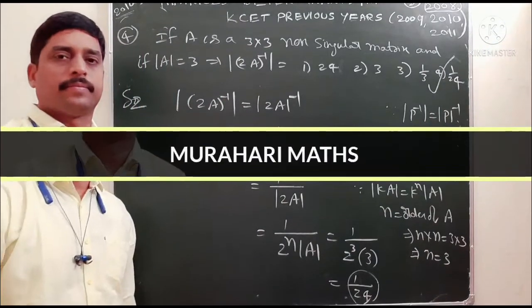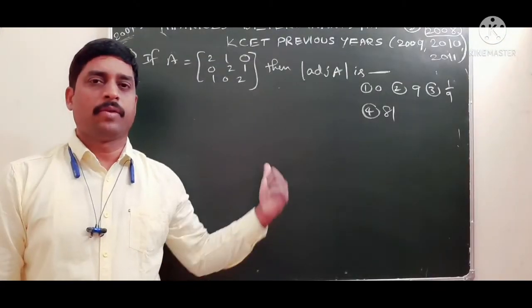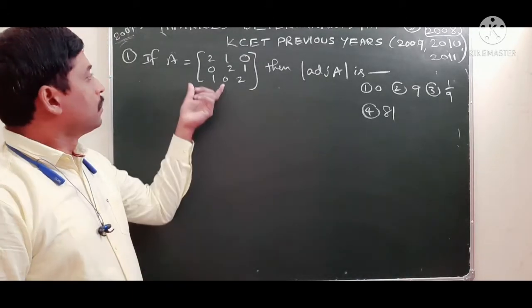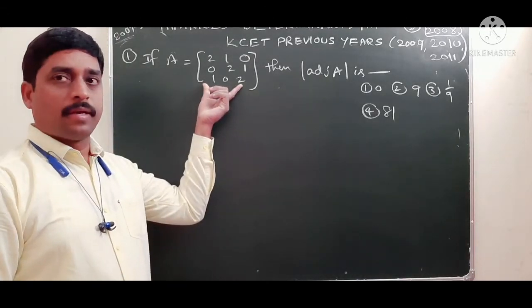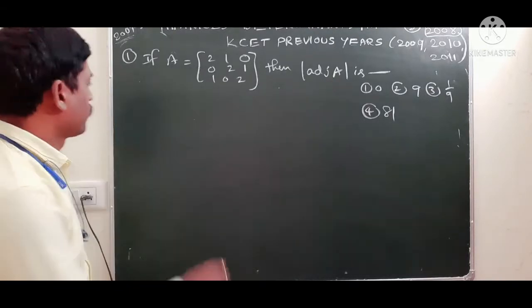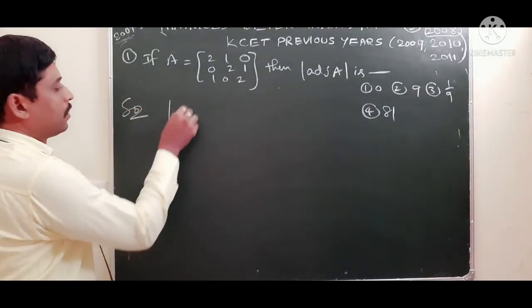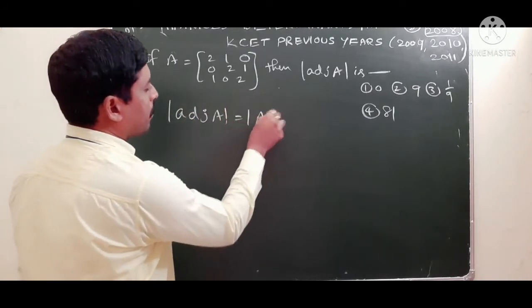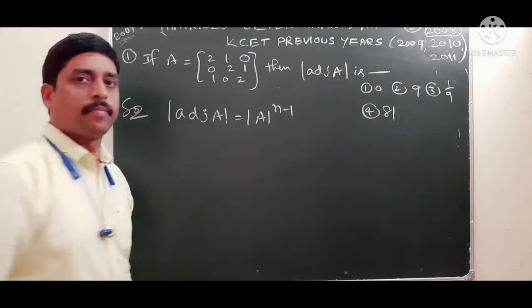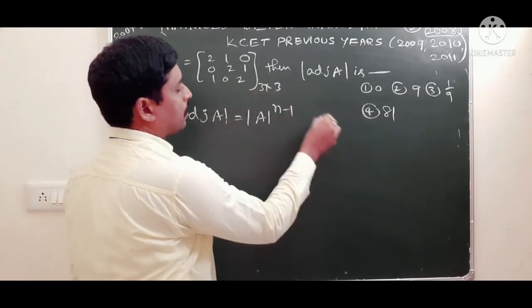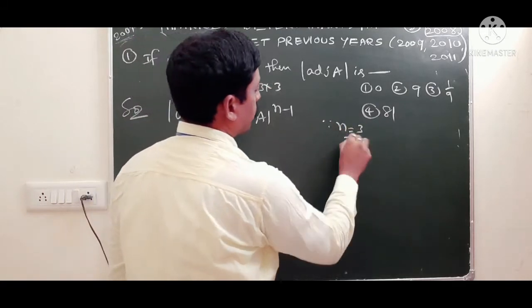Option 4 is correct. Now I am going to explain question number 1 in 2009. A 3 by 3 matrix A is given. We have to find det of adjoint A. Det of adjoint A is equal to det A power n minus 1, where n is equal to 3.